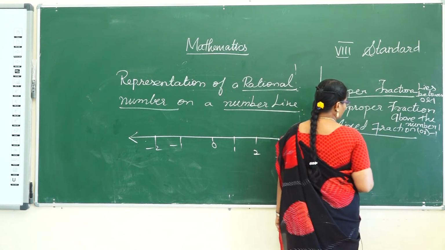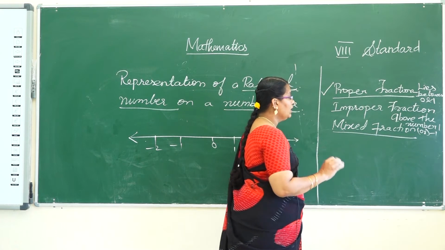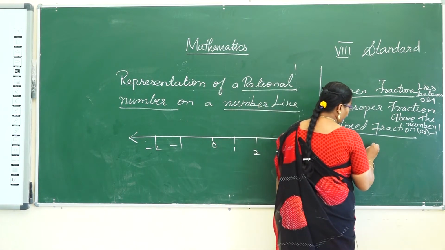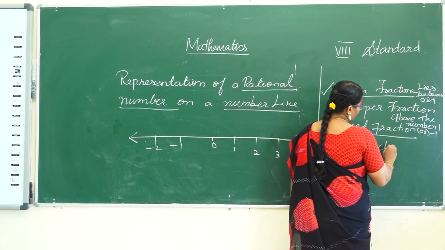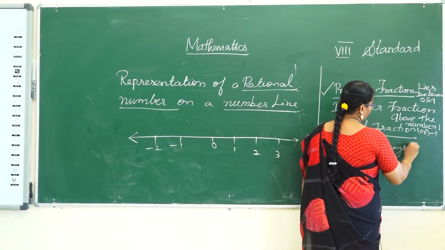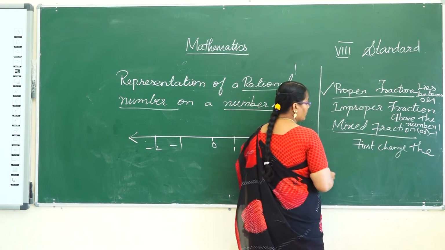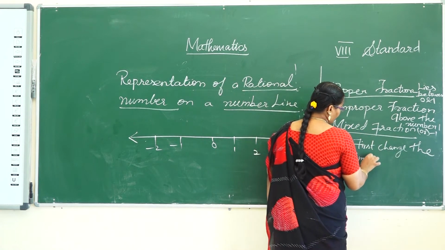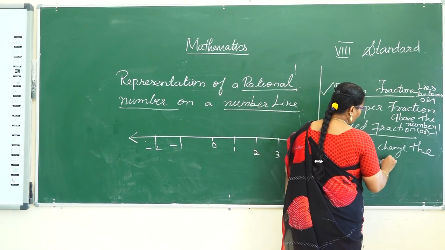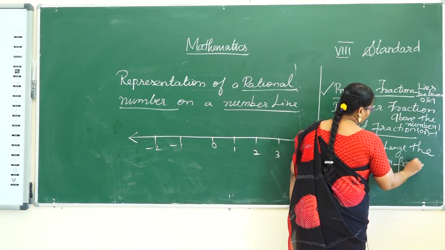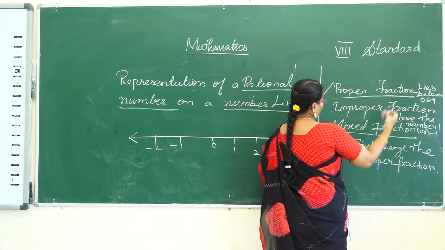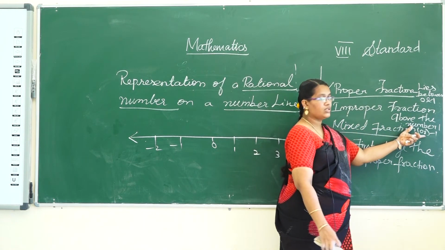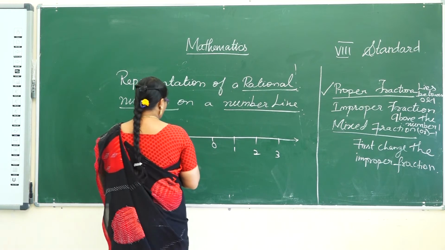And if a mixed fraction is given, first change it to an improper fraction, then follow the improper fraction procedure. Okay, right. Now see the number line.